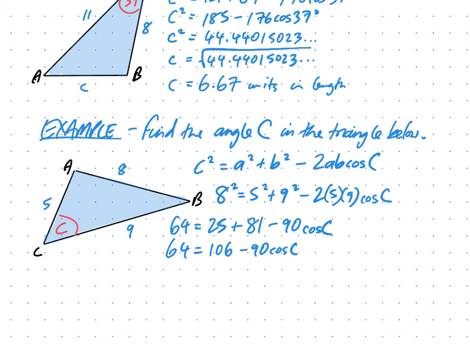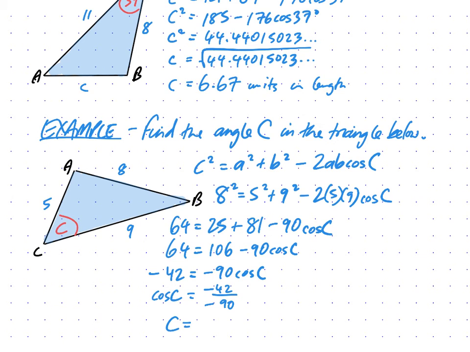The opposite of positive 106 is negative 106, so 64 take 106 is negative 42, which is equal to negative 90 cos C. To get rid of the multiplication by negative 90, I need to divide by negative 90. So cos C is going to be negative 42 over negative 90.